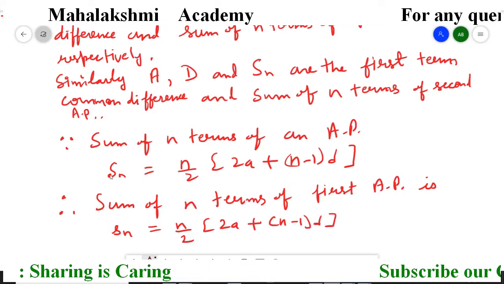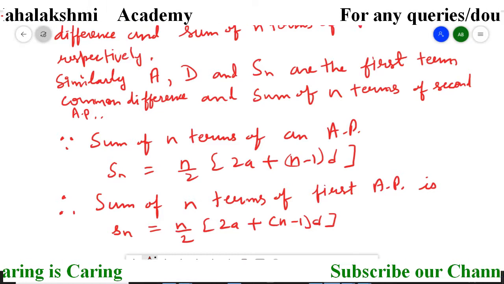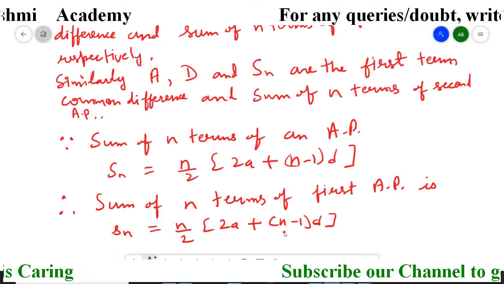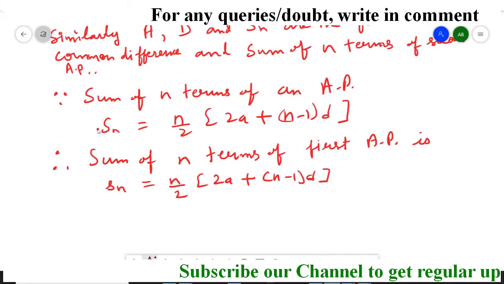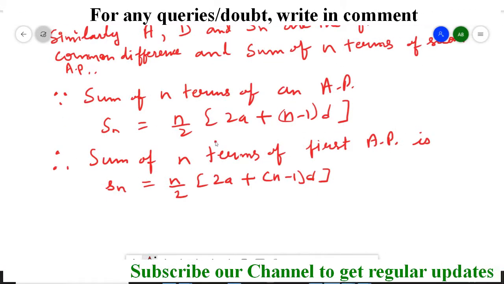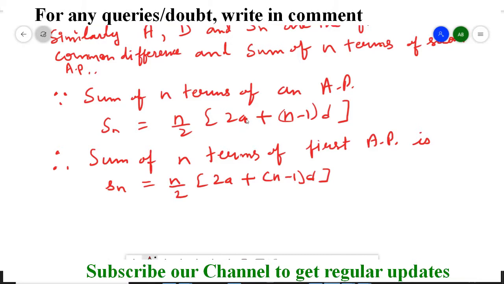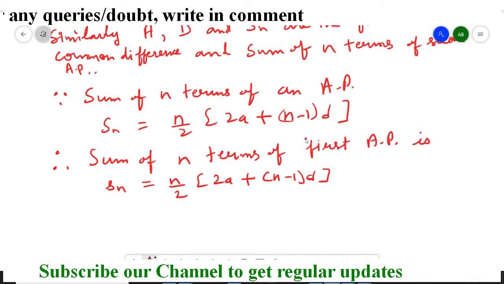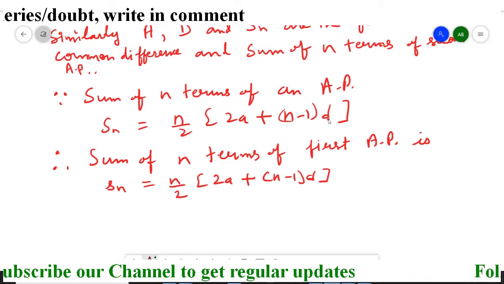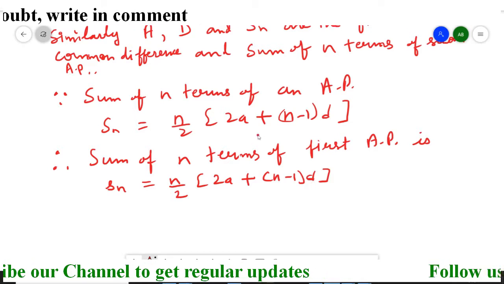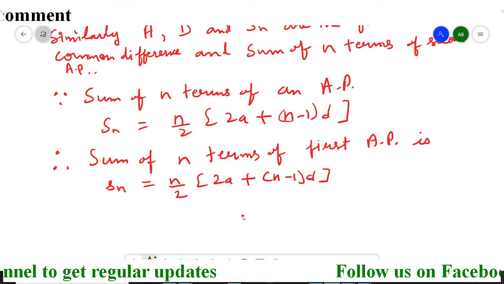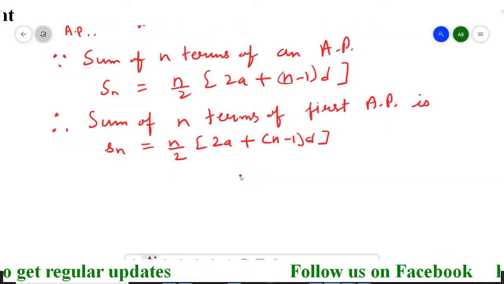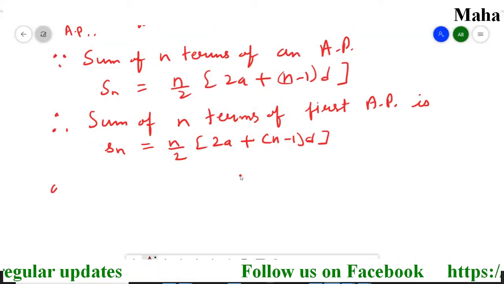Now what we have done is, for the first AP, as we assumed, small Sn represents the sum of n terms, so instead of the general formula I wrote small Sn, and for the first AP the first term we assumed small a and the common difference small d. On the right side we have not changed anything. In the same way we will find the sum of n terms for the second AP.